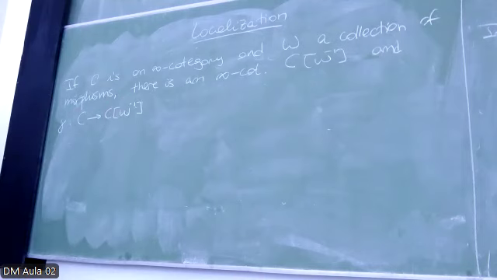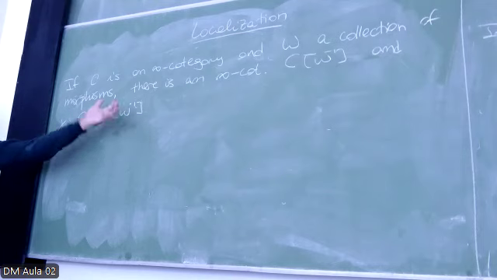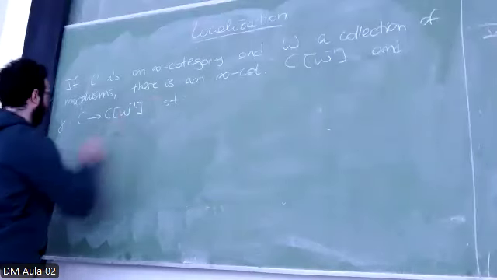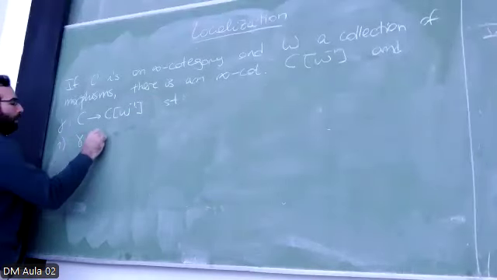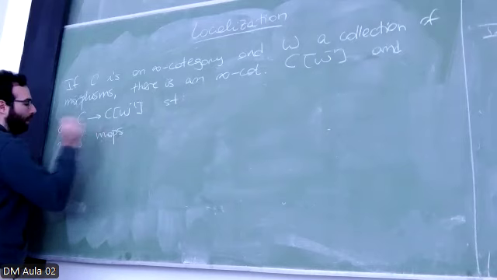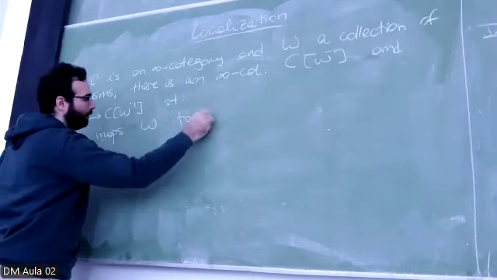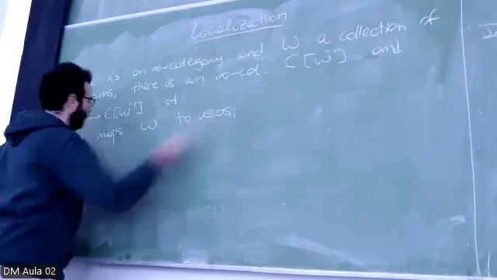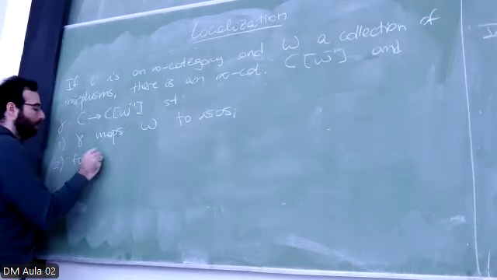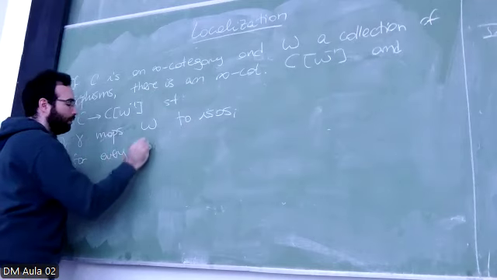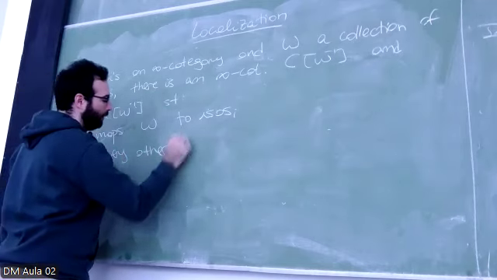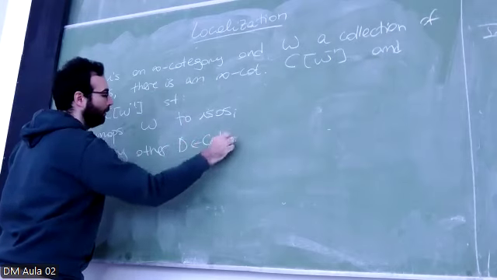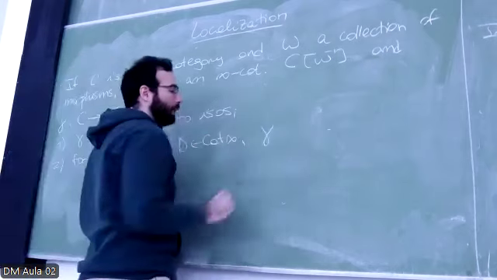And so the idea is that this functor maps things in W to isos, and it's the smallest thing you can do to transform W into isomorphisms. Okay, so 1, gamma maps W to isos. 2, for every other infinity category D, this functor gamma induces an equivalence.